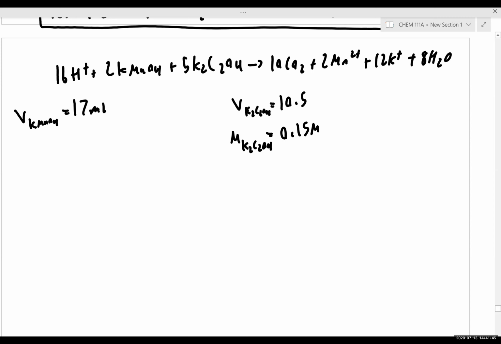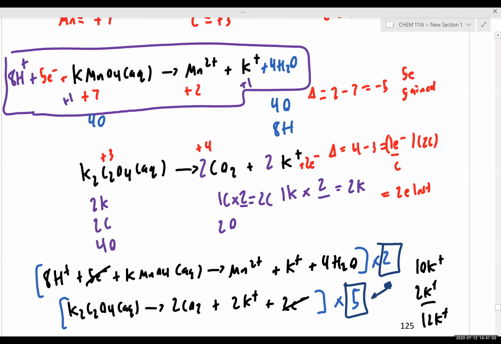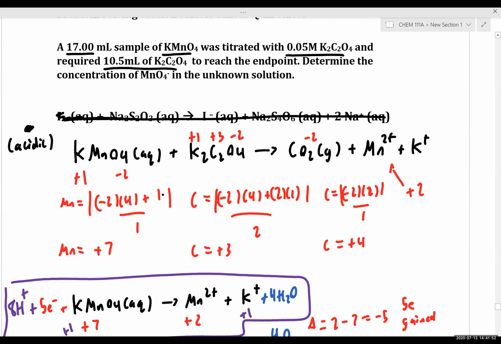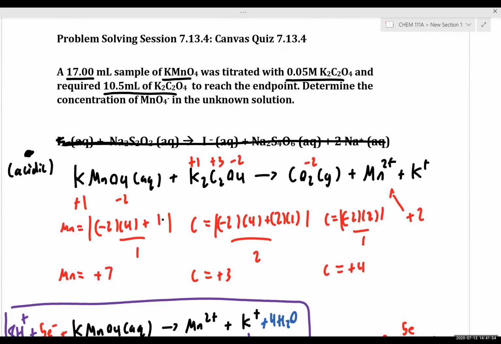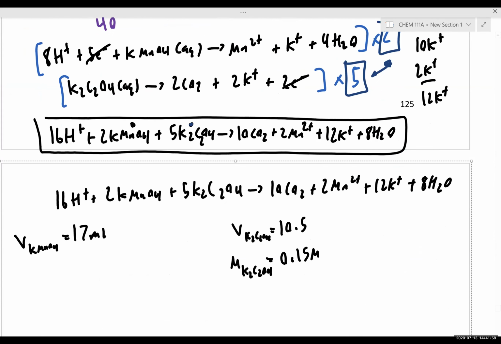Okay, let me just check that I've transferred everything properly. 17 mils of potassium permanganate, 0.05 molar potassium oxalate, and 10.5 milliliters of potassium oxalate.